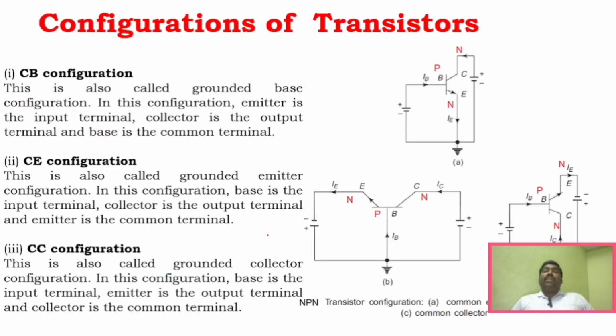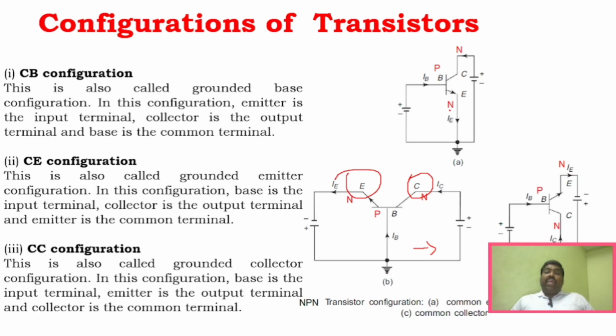Another important piece of information in a transistor is the configuration. For any particular transistor, there are three types of configurations: common base, common emitter, and common collector. In the common base configuration, the emitter acts as the input terminal and the collector acts as the output terminal.